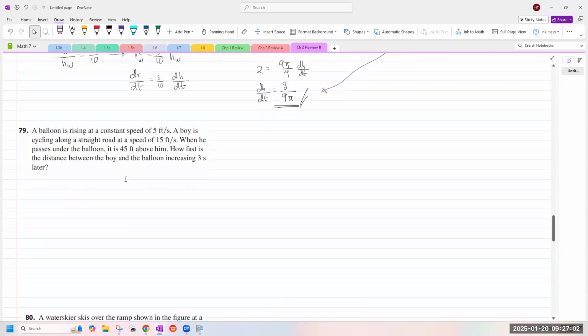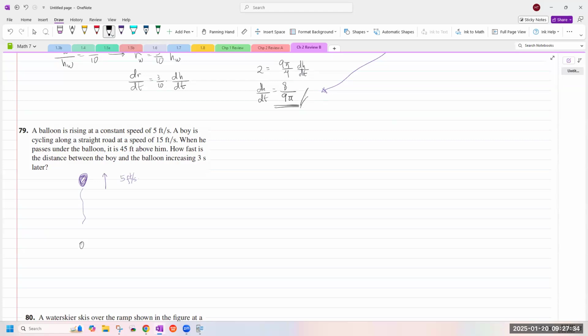That's for number 78. Number 79: a balloon is rising at a constant rate, 5 feet per second. So let's draw a balloon. So this is the balloon. It is increasing at 5 feet per second. A boy is cycling along a straight road at the speed of 15 feet per second.